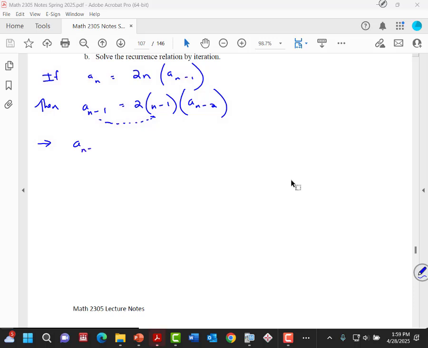Then a sub n minus 2 would be 2 times the current index, n minus 2, times the term prior. That's a sub n minus 3.